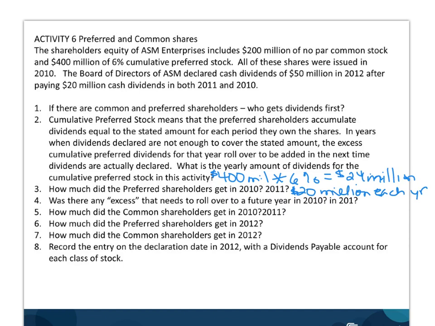All right, was there any excess that needs to roll over? Yeah, the excess just rolls over from year to year. So in 2010, there was 4 million. And then in 2011, there was another 4 million. That wasn't paid out for that year. Okay? So that equals 8 in total.